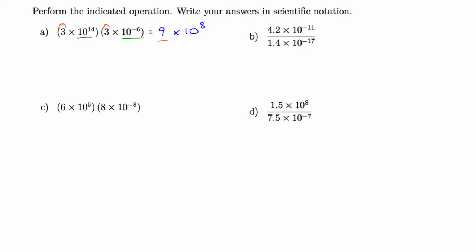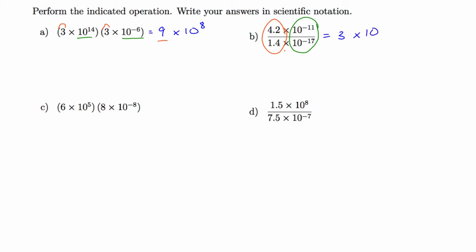On part B, we want to divide 4.2 times 10 to the negative 11th by 1.4 times 10 to the negative 17th. As a first step, we will do the operation with the coefficients as well. 4.2 divided by 1.4 is 3. As a second step, we will simplify the powers of 10. 10 to the negative 11th divided by 10 to the negative 17th.